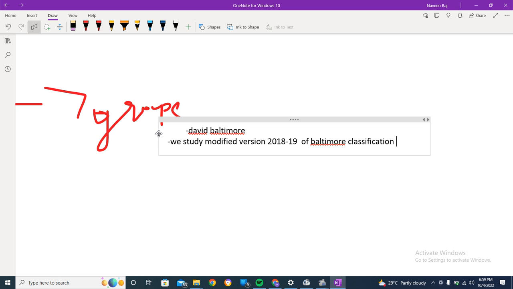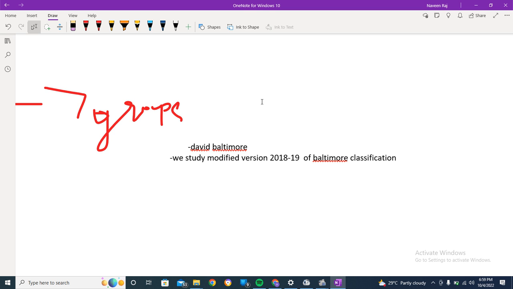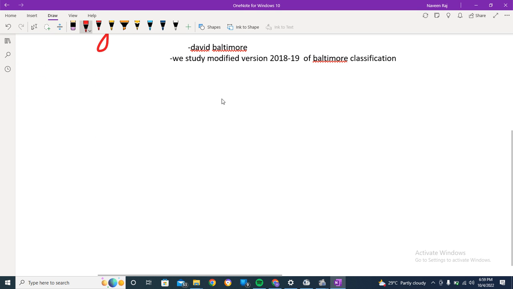So David Baltimore did the classification on the basis of 7 groups, and we are also studying 7 groups right now, but they are modified forms of the ones presented by Baltimore. So without wasting time, let me get into this. It is divided into two major groups.